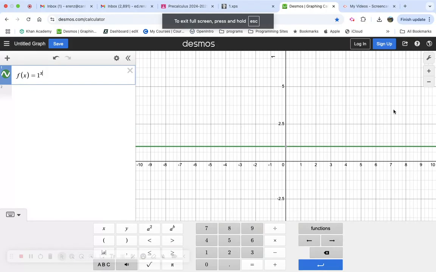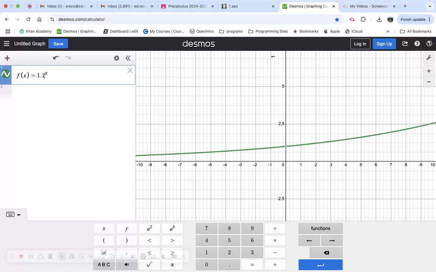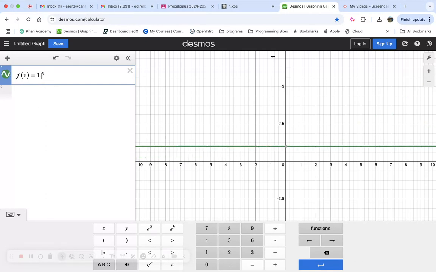That's all it is. So it's not exponential. This number has to be bigger than 1. So if I make it instead 1.1, now we have something happen. We have growth. 1.2, it's going to grow faster, right? If I make it 2, it's going to grow even faster.